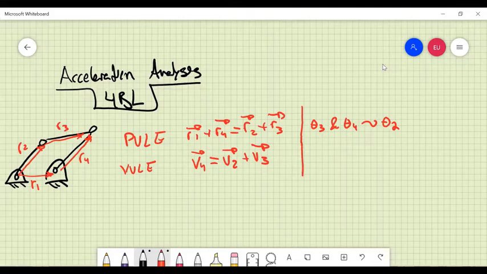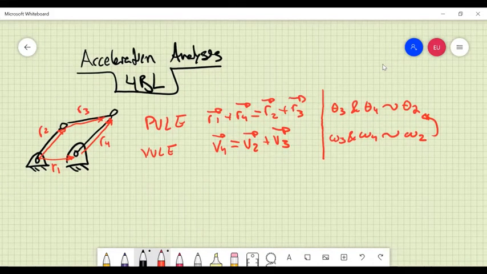Which were the outcomes of the velocity vector loop equation? Anyone? Omega 2, omega 3 and omega 4, as a function of omega 2 and whatever was taken in the position analysis.